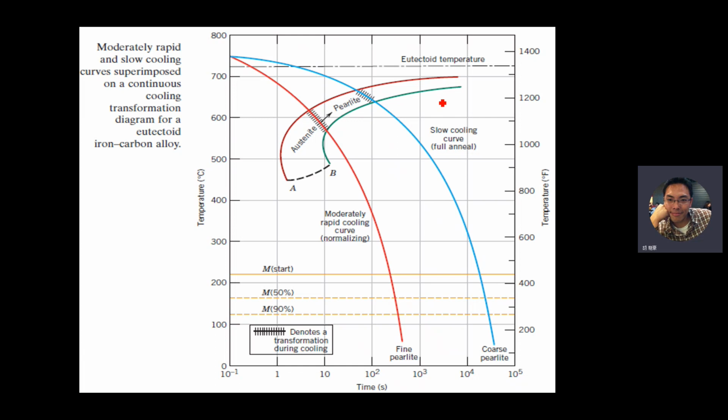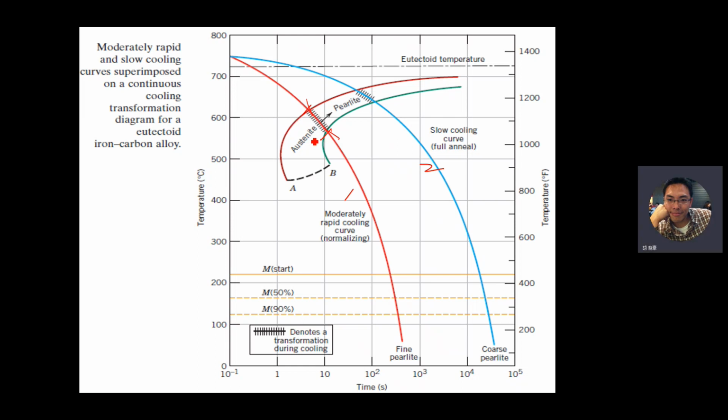This is a TTT diagram for continuous cooling. If there are two cooling rates, 1 and 2, this phase will start to transform to pearlite at this point for cooling rate 1, and the pearlite is completely formed at this point.